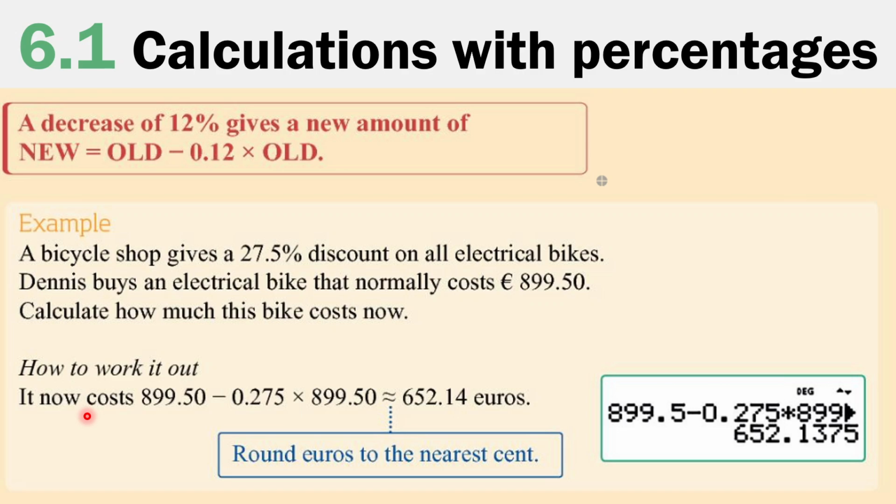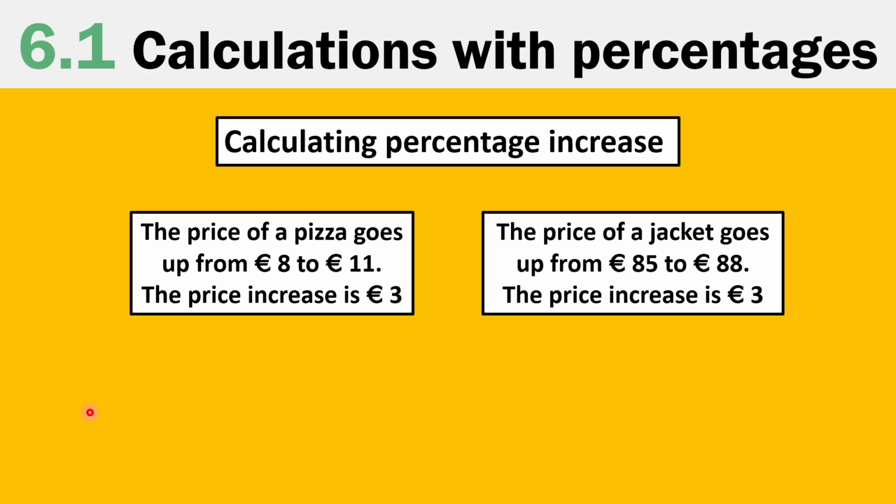Okay, that's theory A. For theory B, we're going to take a look at something different: calculating percentage increases. To look at that, first take this example: let's say the price of a pizza goes up from 8 to 11 euros. We all agree that the price increase is 3 euros, right?